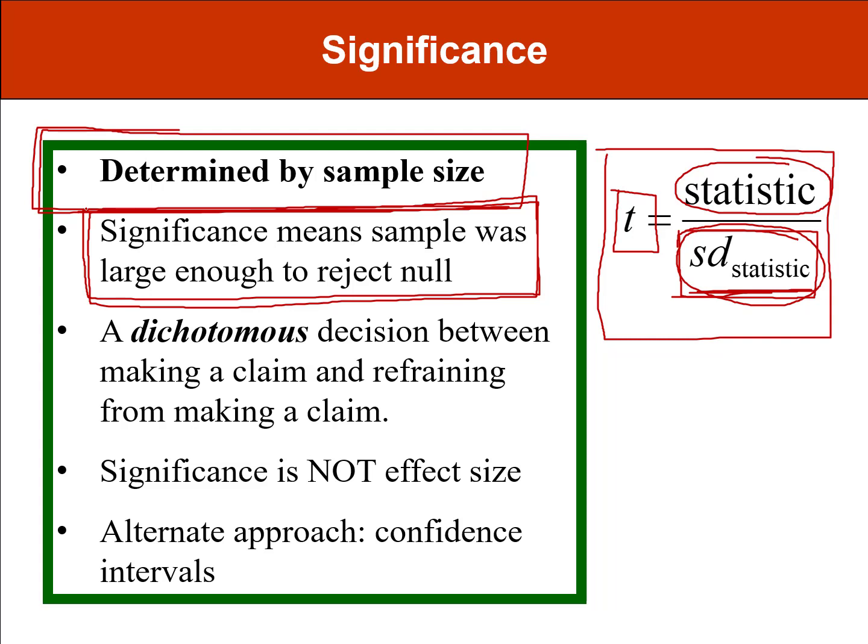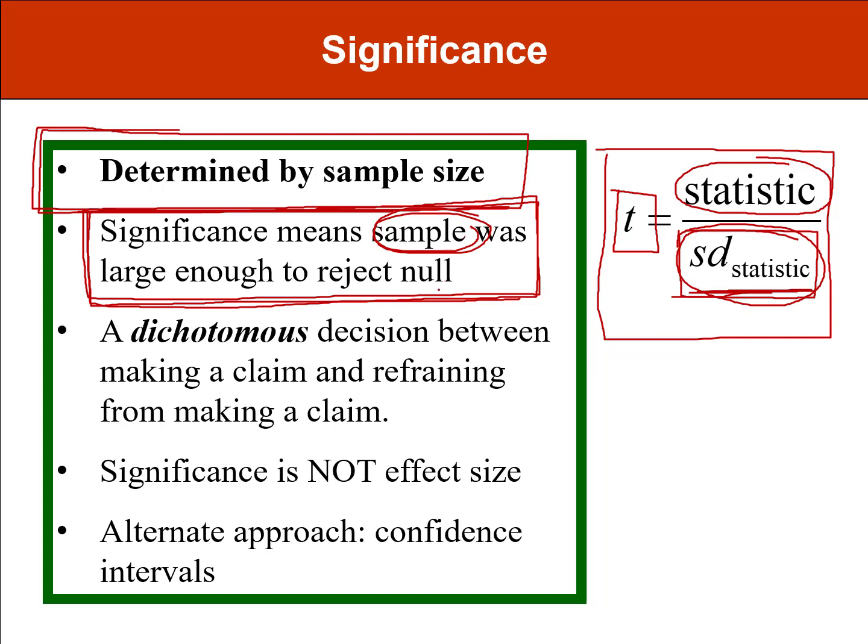Whether the results of a study might just be some random chance fluke finding. So when we do significance testing, if I get a significant result, it means I'm concluding that my sample size was large enough to conclude that my results were not due to chance, that my results are not some random chance fluke finding, and that I have really discovered some non-zero effect, and my sample size was large enough to make that conclusion.